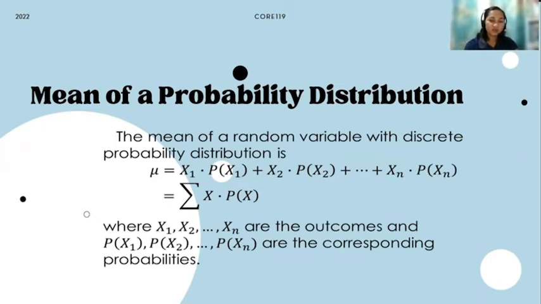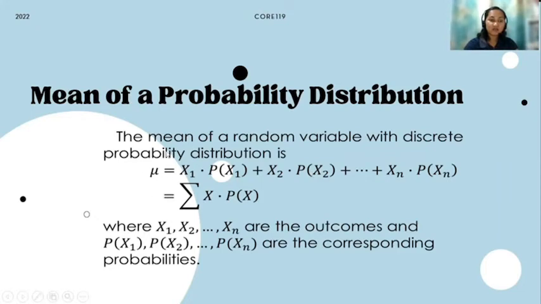So we need to multiply each of the possible outcomes by the corresponding probability, or the likelihood that each outcome will occur, then sum all those values. So we have, let's say, mu.